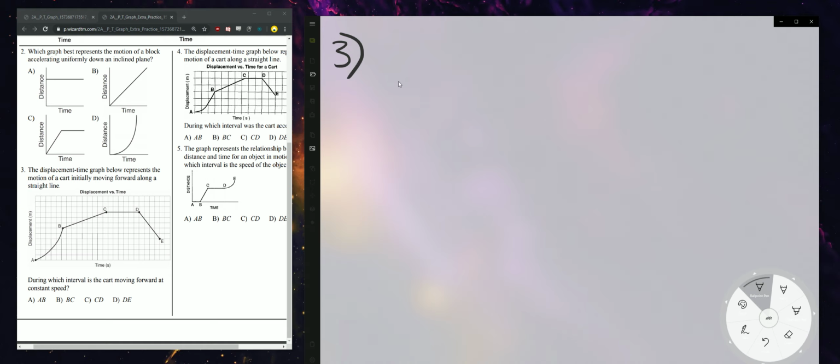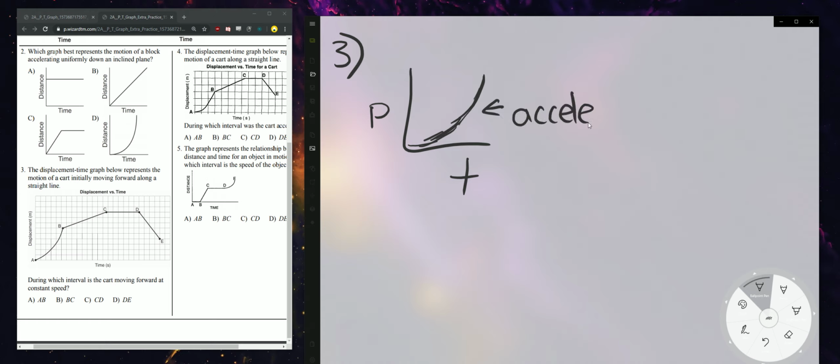From A to B, again, we established that in a PT graph, if you have a curved line, you have an acceleration. This is an acceleration right here. It doesn't matter what type of accelerating, positive or negative acceleration. If you have a curved line, you are accelerating.